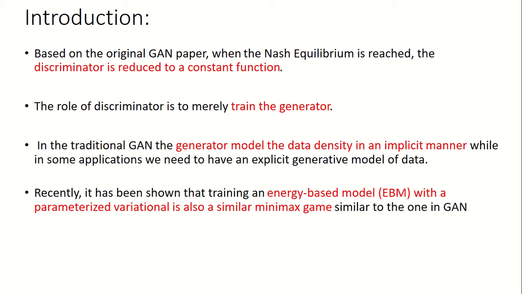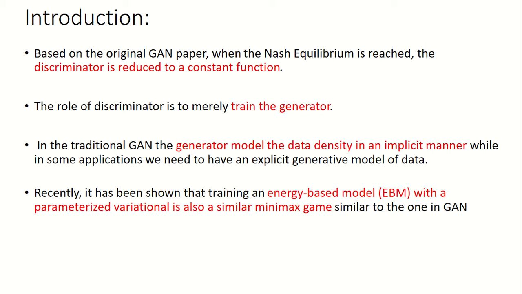So this means that this discriminator just is being used to train the generator. Moreover, in traditional GAN, the generator models the data density in an implicit manner, while in some cases we need an explicit model of data distribution.